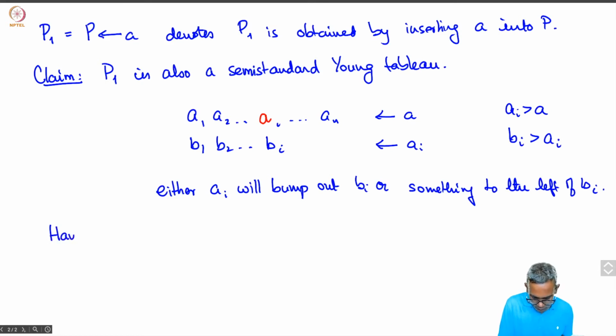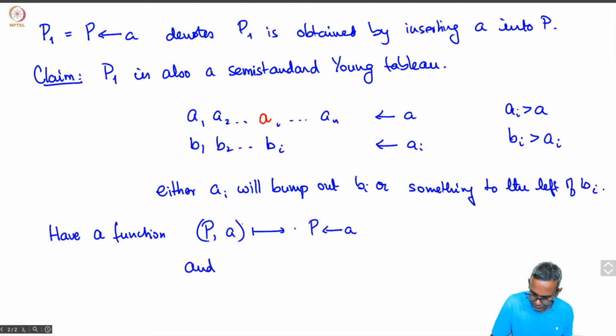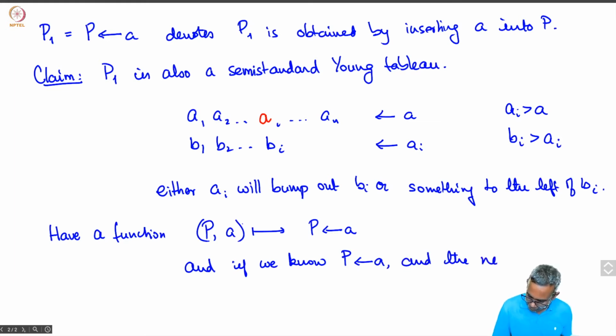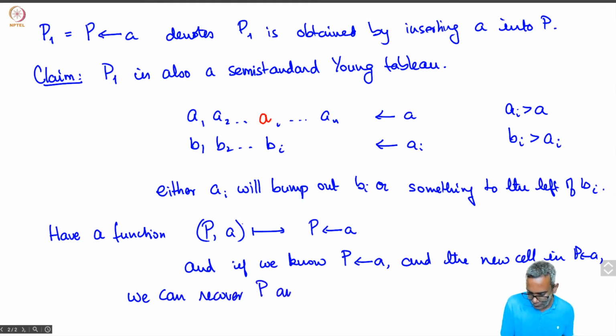So we have a function insertion, (P, A) goes to P insert A. And let's say if we know P insert A and the new cell in P insert A, we can recover both P and A from the semi-standard Young tableau P insert A.